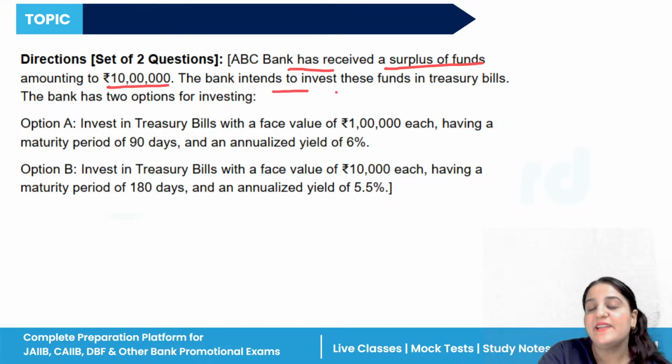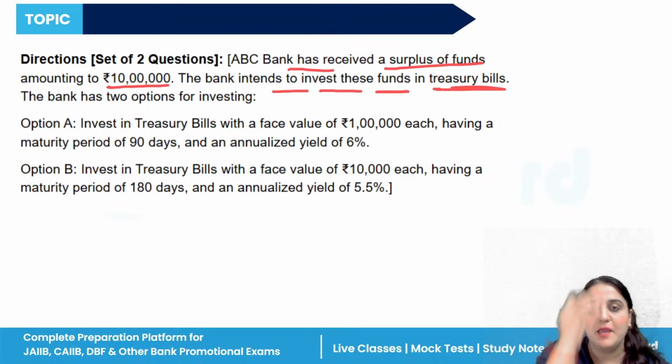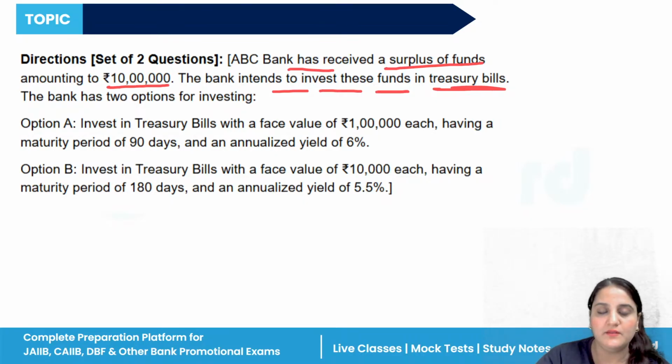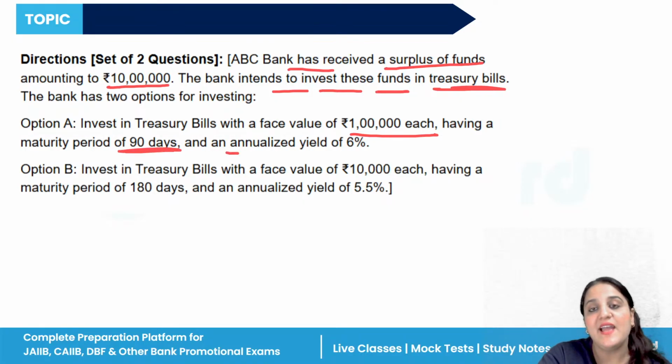The bank intends to invest these funds in treasury bills. The bank has two options for investing. Option A, invest in treasury bills with a face value of 1 lakh each, having a maturity period of 90 days and an annualized yield of 6%.